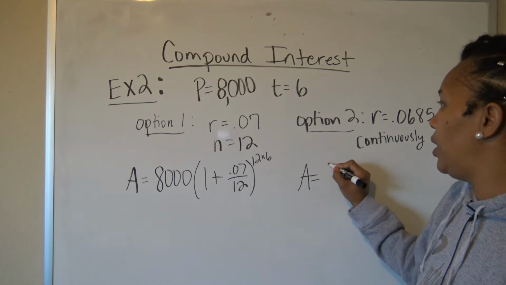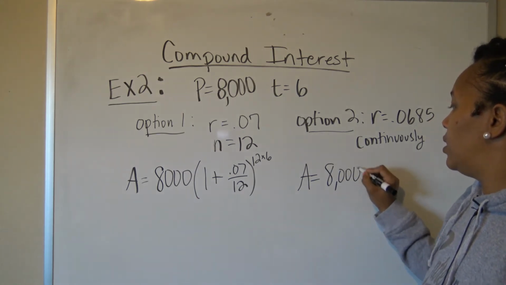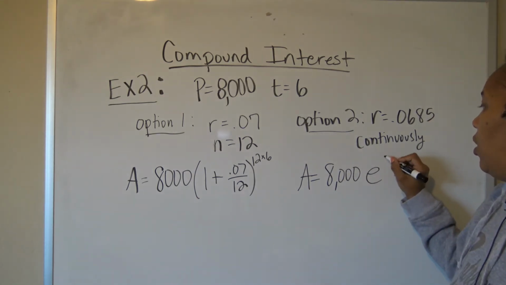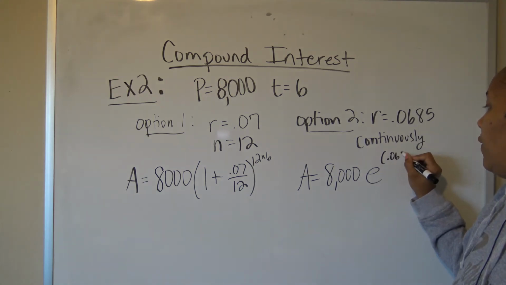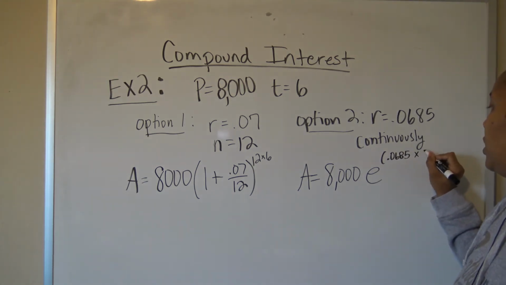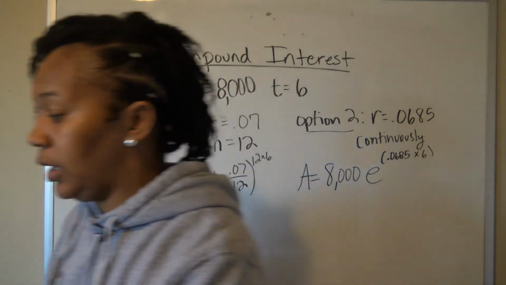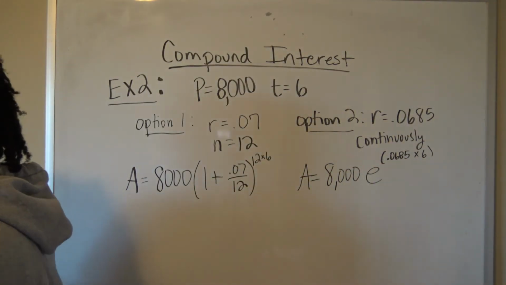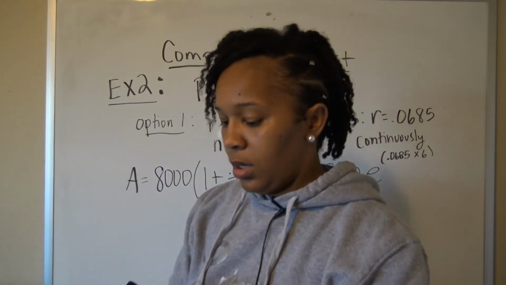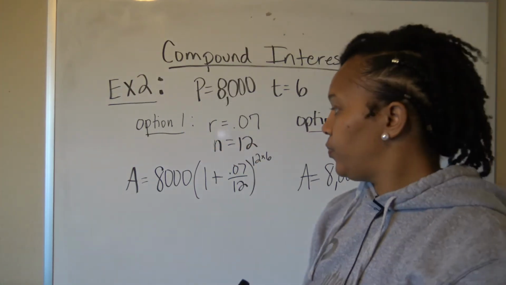So that would be P times E to the 0.0685 times T, so times 6. The rest is just plugging it into the calculator and figuring out which one gives you the better return.